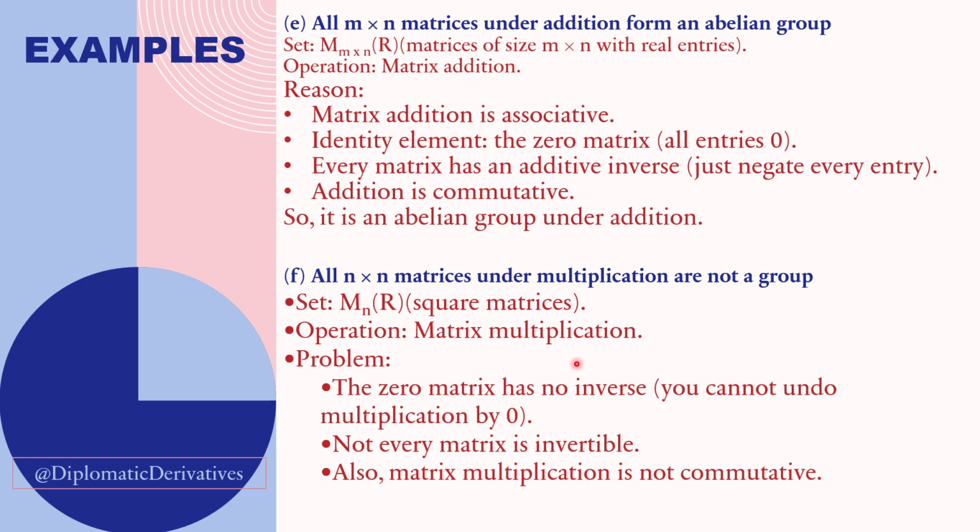In the previous example we saw that for multiplication the groups were non-zero, so 0 was not a part of it, and we don't need to worry about 0. But here in this matrix set, 0 is a part of matrices. So 0 has no inverse, therefore you cannot say that the inverse exists. Therefore it's not a group itself. So if it's not a group, we don't need to check if it's abelian or not.